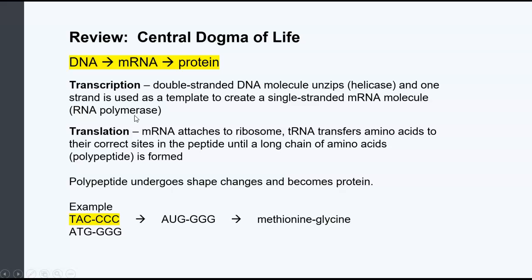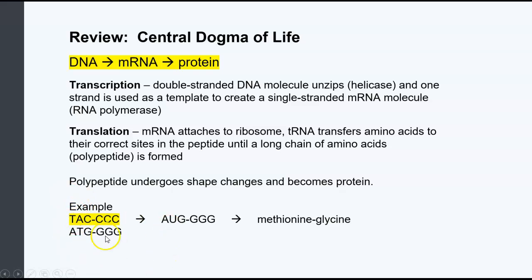RNA polymerase comes along and adds nucleotides to the DNA template. So, for example, if this is your DNA template, it's double-stranded, so it's got two strands. The first one that I've highlighted is the template strand, and that one is TAC-CCC, and I've divided them into groups of 3 because, remember, 3 nucleotides will code for an amino acid in the protein.